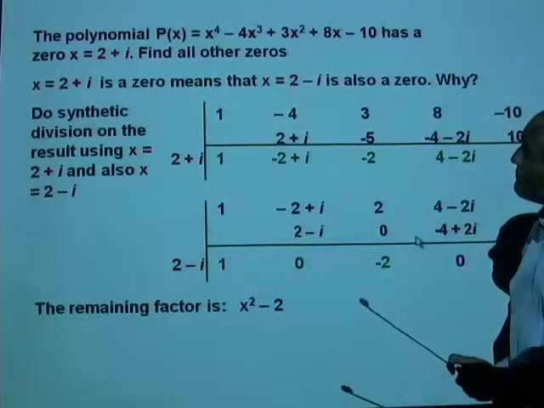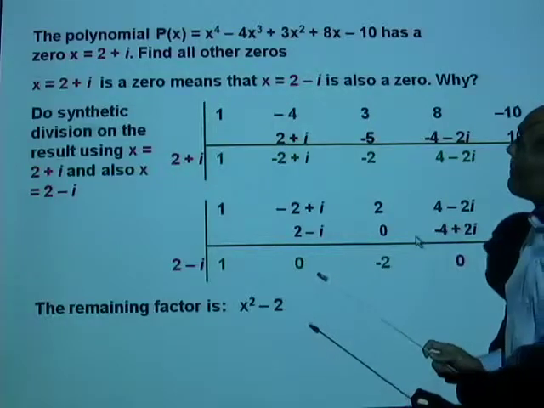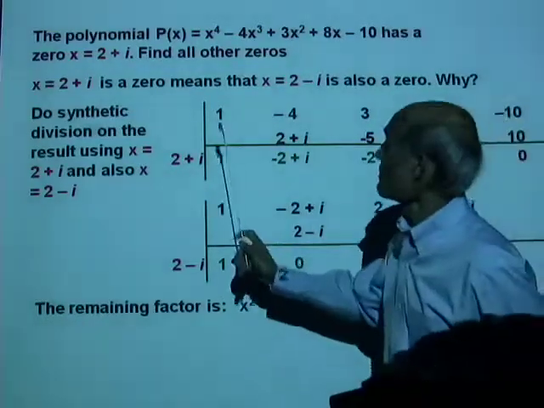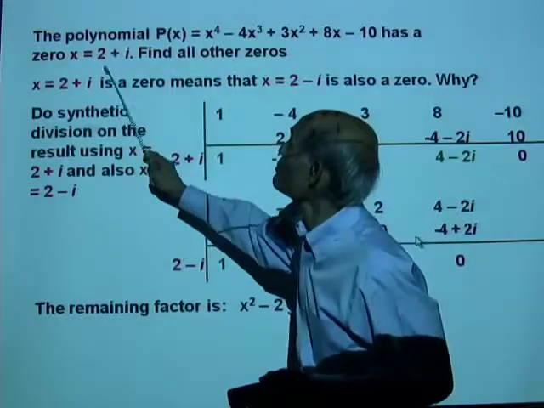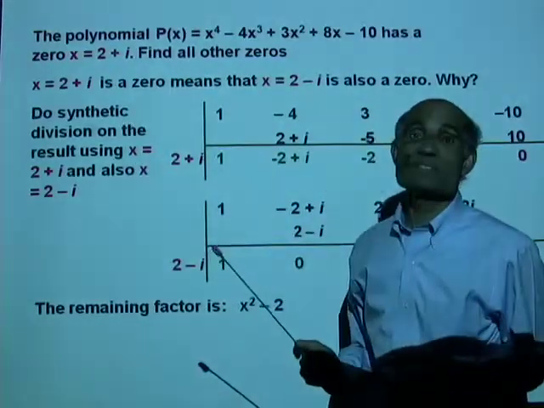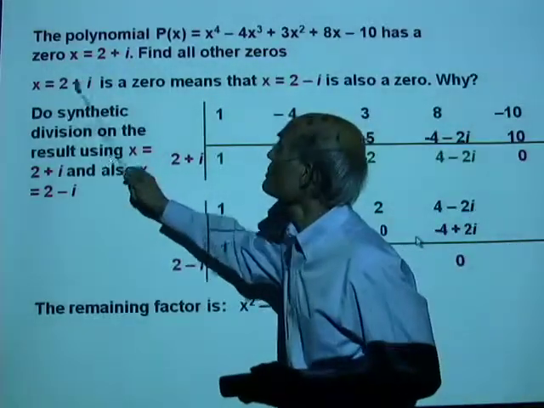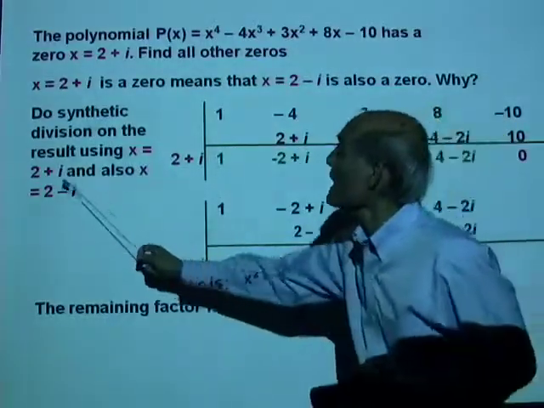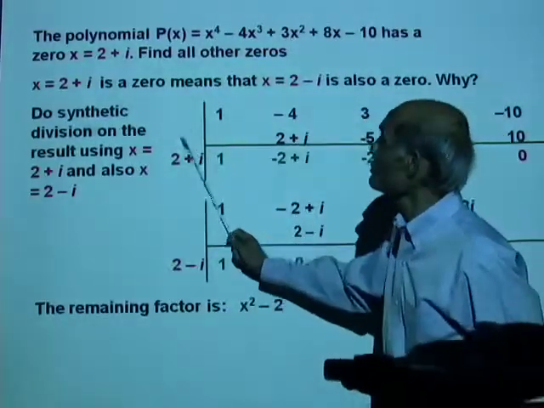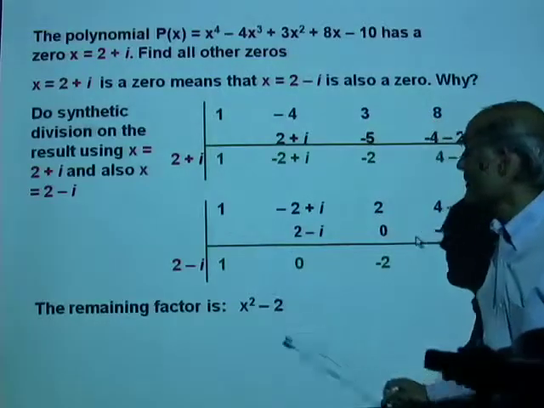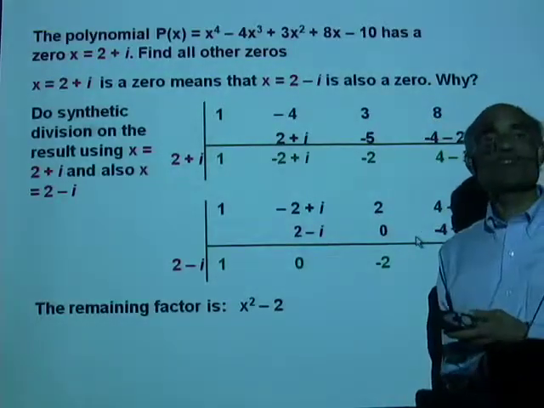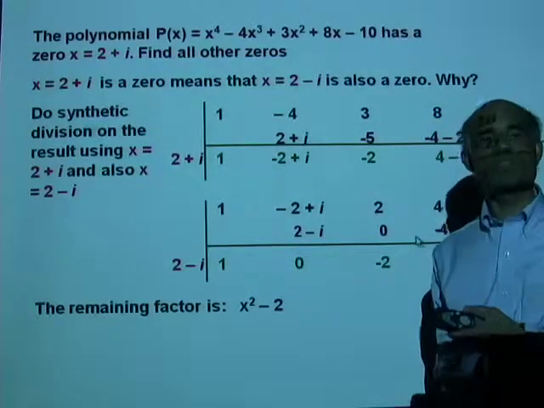And so, what are the factors now? We've got x equal to 2 plus i is a zero. x equal to 2 minus i is a zero. And using those, we found that the remaining factor is x squared minus 2.